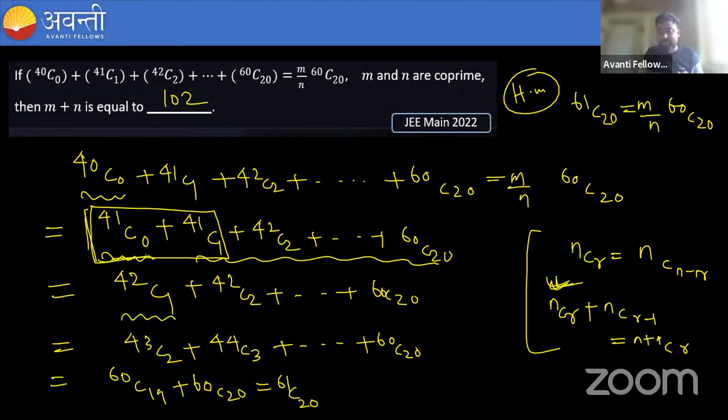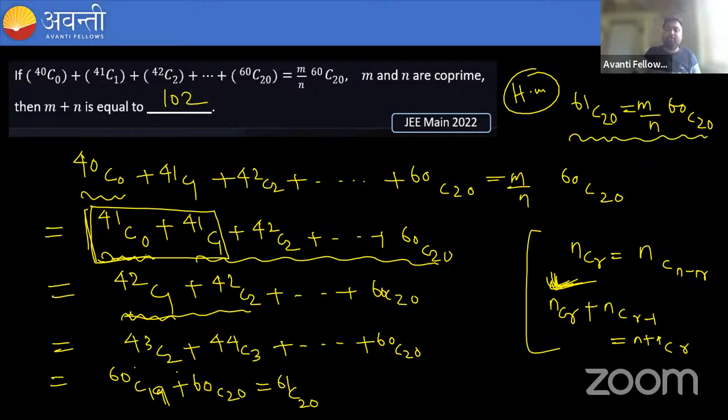Similarly, after this we have 42C2 up to 60C20. Adding these two terms by using this formula, we'll get 43C2. If we do similarly for all the terms, finally we'll have 60C19 plus 60C20, which will come out as 61C20, and 61C20 is m by n into 60C20.